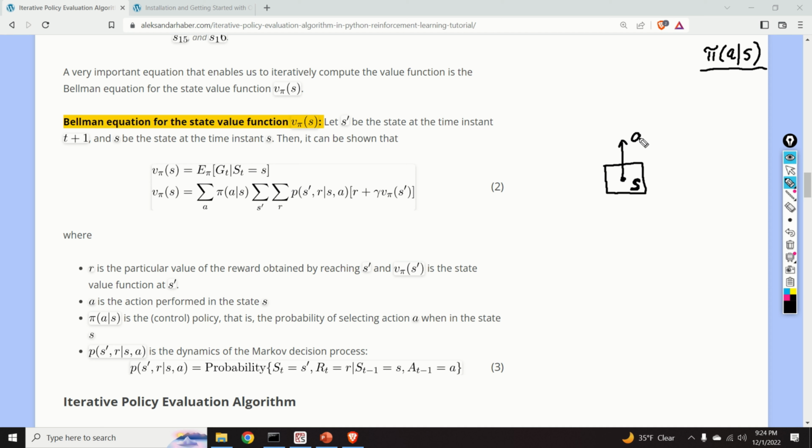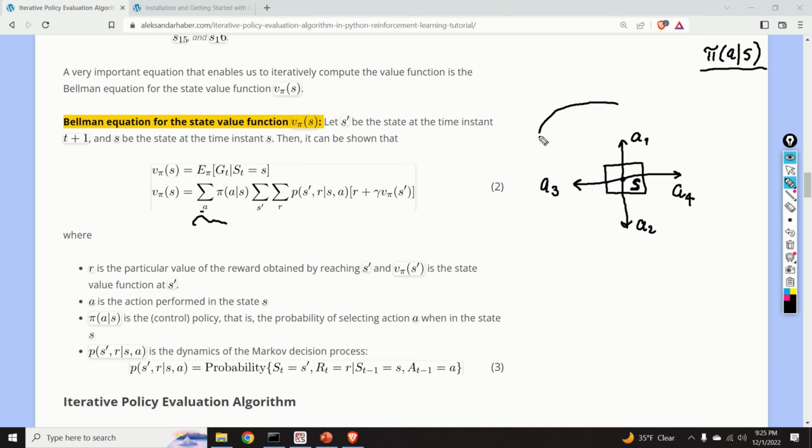We have action A1 going up, action A2 going down, action A3 going left, and the action A4 going right.